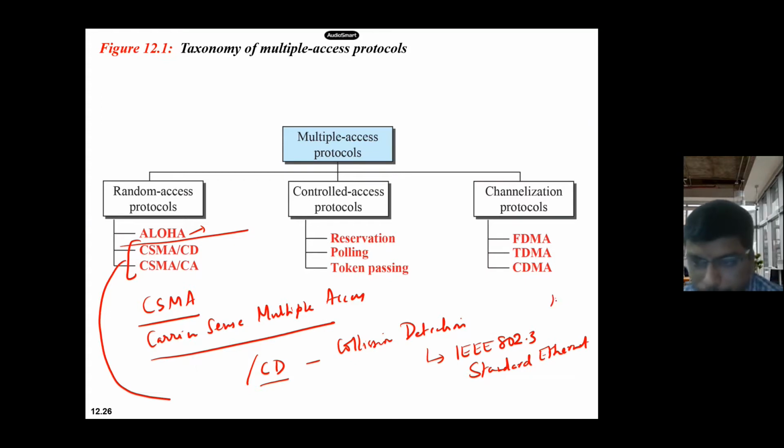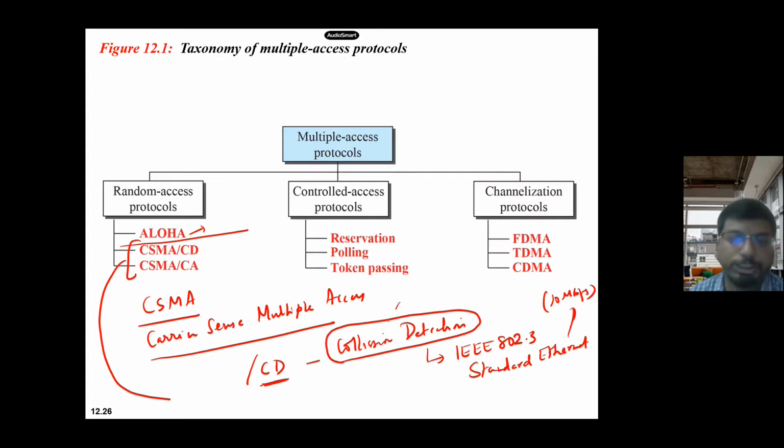Capable of transmitting up to 10 Mbps. So that was the first evolution of Ethernet that came in. Here, the MAC protocol adopted by the devices was CSMA CD. CD stands for collision detection. So the devices have the capability to detect whether a collision has happened when I'm transmitting a frame. That was brought in with CSMA CD, right?